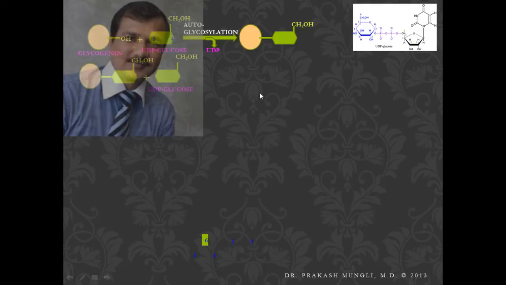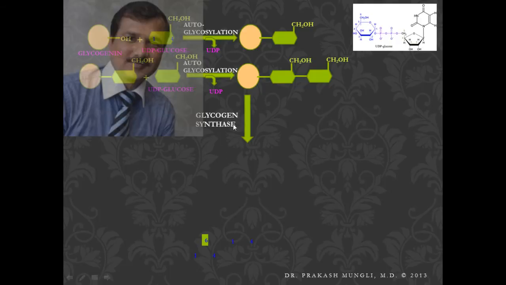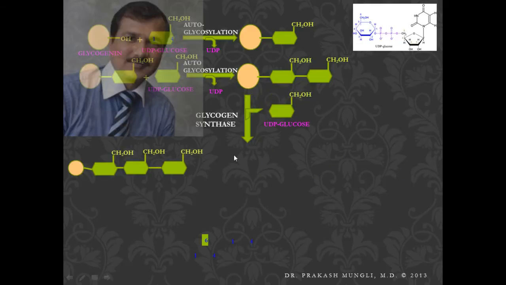Now one more UDP glucose will come, the same autoglycosylation process, UDP is released and glucose is attached. So once the primer is synthesized, basically now this is the primer with 6 glucose residues attached. Of course I have shown it as 2 here because of the space. So now the glycogen synthase will bring in UDP glucose and attach it to the glycogen primer.